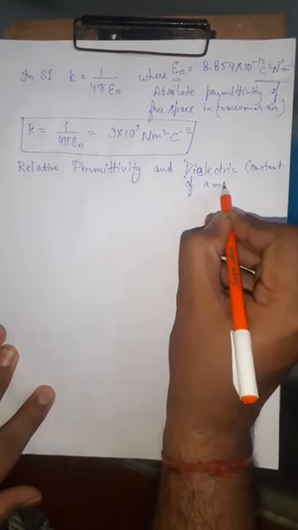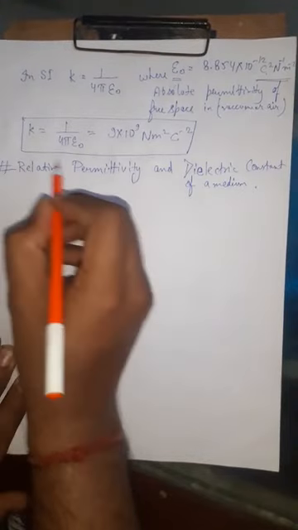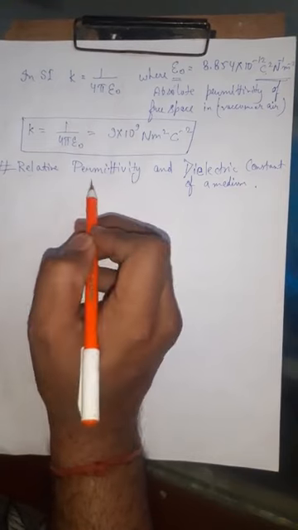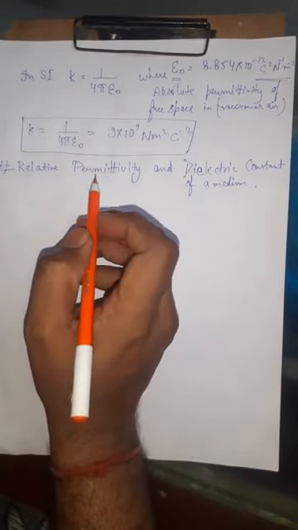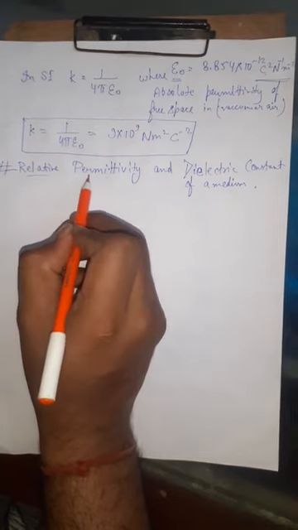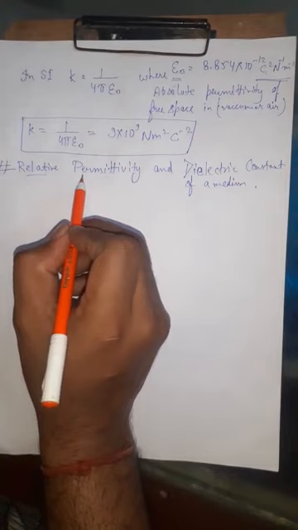With the name you can say that it is a relation between permittivities. Every medium has its own permittivity. So relative permittivity compares the permittivity of one material with respect to another.